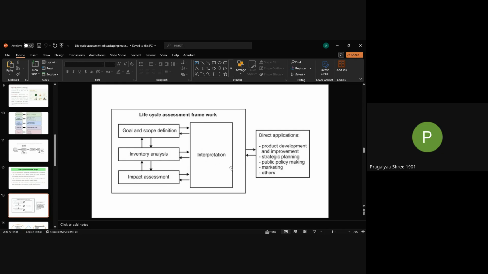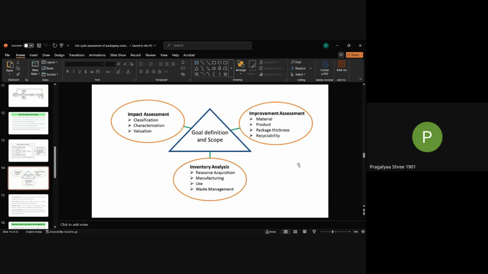And once this interpretation is done, there are direct applications: you can go for product development and improvement, you can set up a strategic plan, decide what type of packaging and how many layers of packaging, and public policy making, marketing, and other things can be drawn after the interpretation. Finally it goes to the manufacturing or other process in this case.